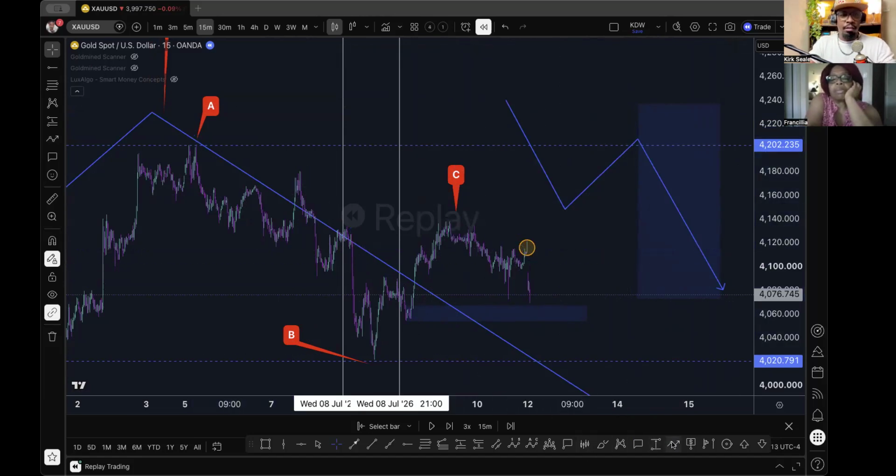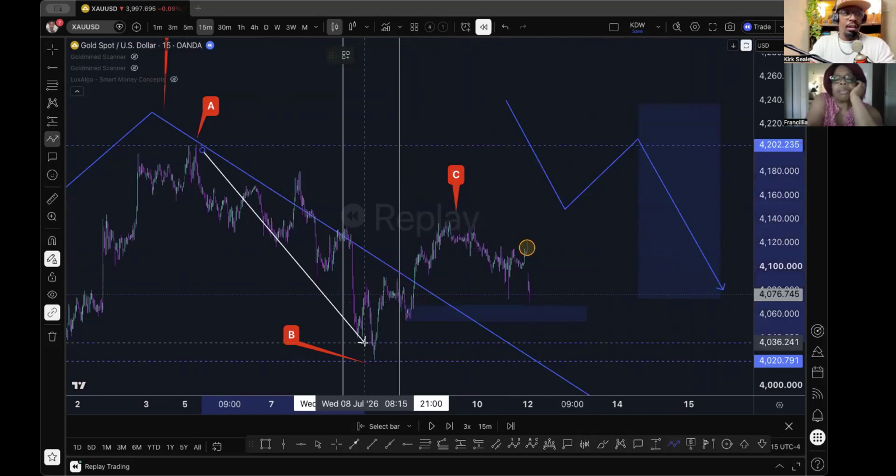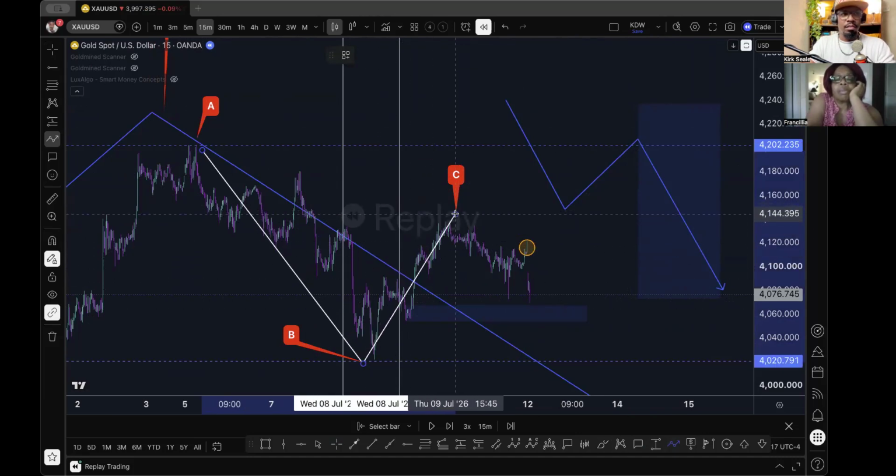We're gonna simplify it to this A, B, C, and this is where we're at right now.